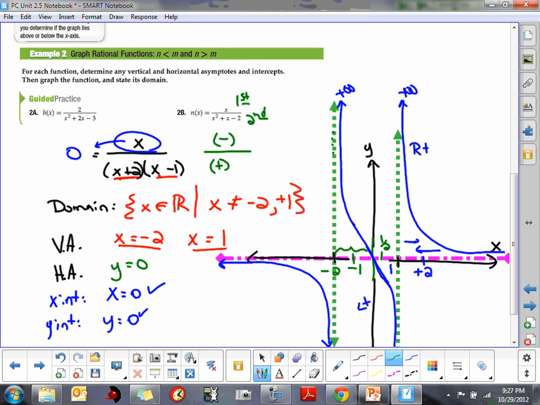And then if I put in a -1, -1 minus 1 is a negative. So that means you got a negative divided by another negative, which ends up being a positive infinity, just like we have drawn on our graph. So there's some thoughts on finding the domain, vertical and horizontal asymptotes, x and y intercepts, and also how I can use sign analysis to help us sketch a graph of a rational function.